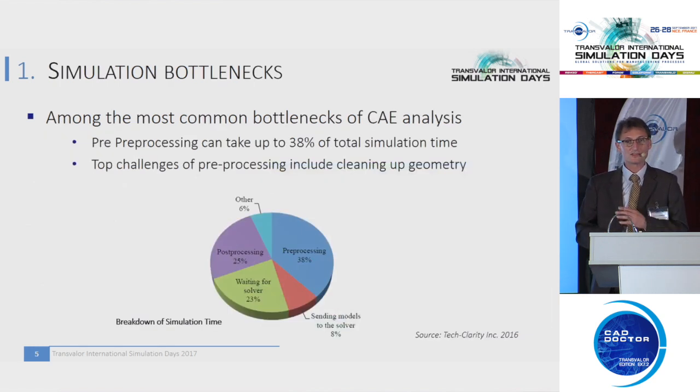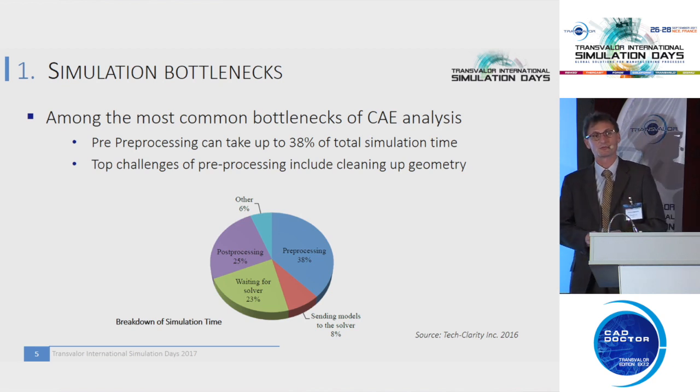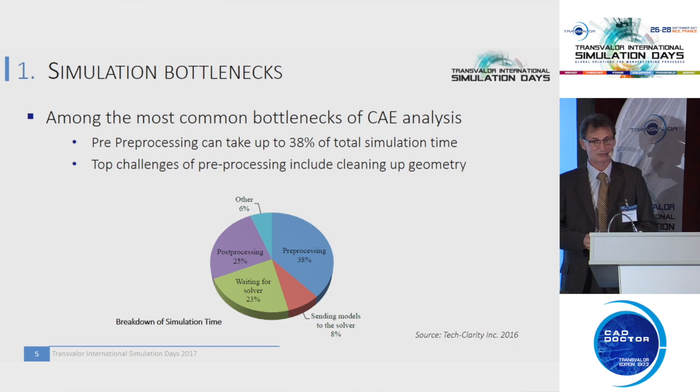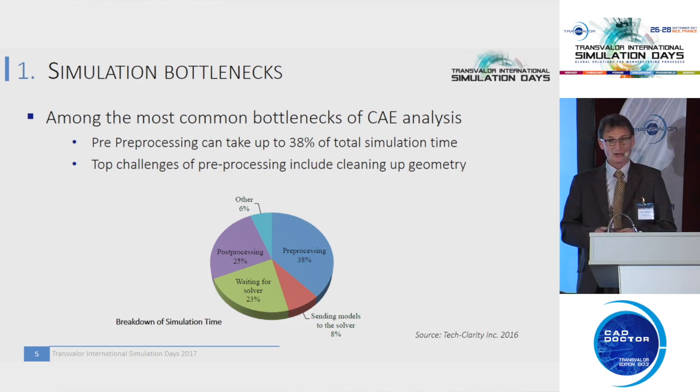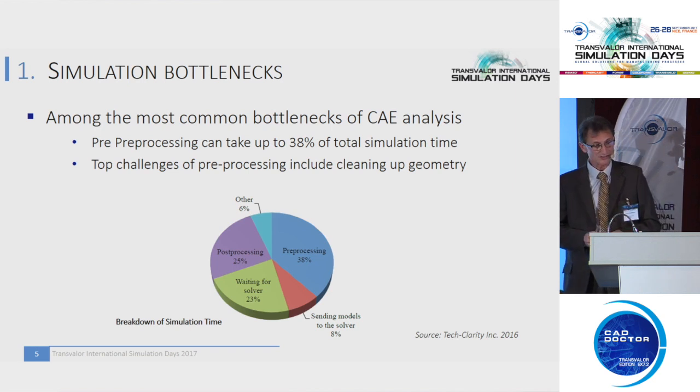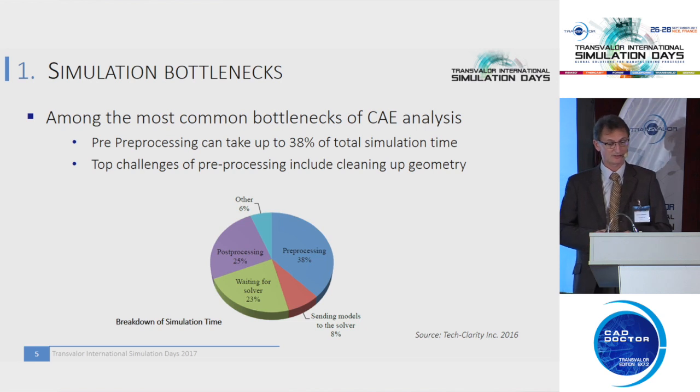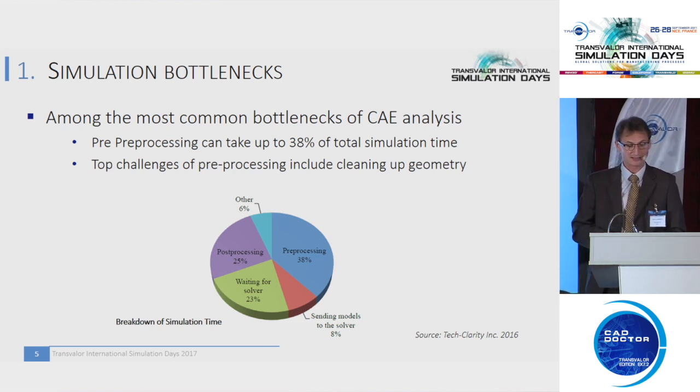So this slide illustrates where the pains are, in fact. I will refer in this slide to a recent report established last year by the US Institute Tech Clarity, where it appears that pre-processing is one of the bottlenecks related to CAE analysis.